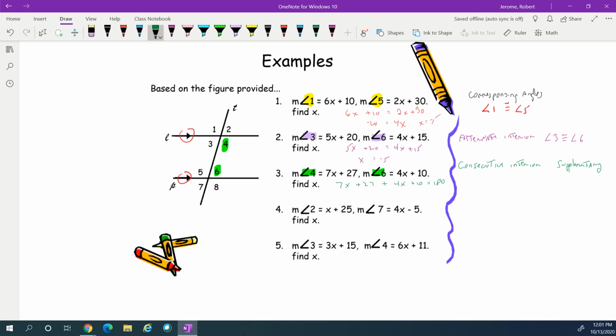That's what supplementary means, 2 angles that add to 180. So we can go ahead and do a little algebra here. That's 11x. We're going to subtract 37 and get 143. And that means x equals 13.